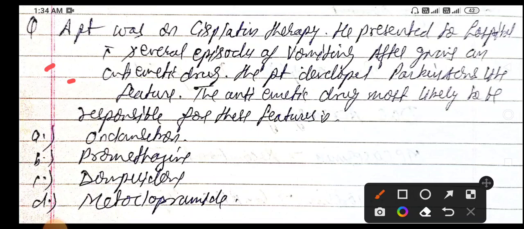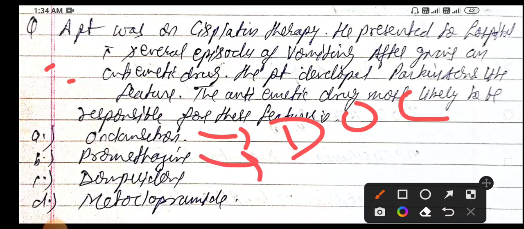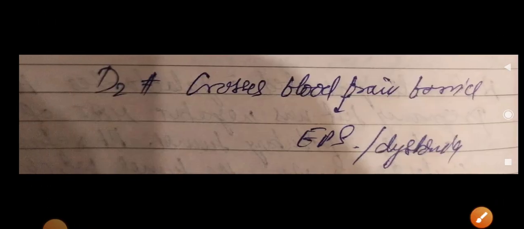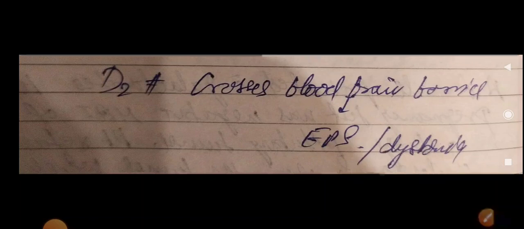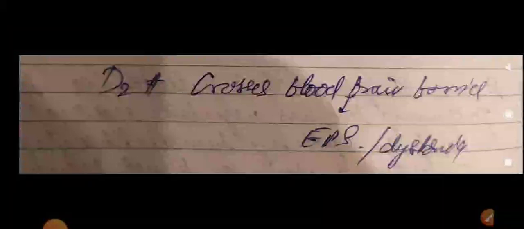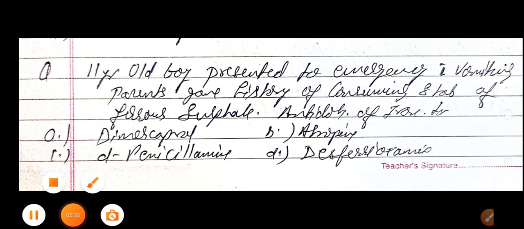The antiemetic drug of choice is ondansetron. Promethazine is used for the treatment of Parkinson-like symptoms. Which antiemetic causes Parkinson-like symptoms? That is metoclopramide. Metoclopramide is a D2 blocker that crosses the blood-brain barrier, and we find extrapyramidal side effects and dystonia here.